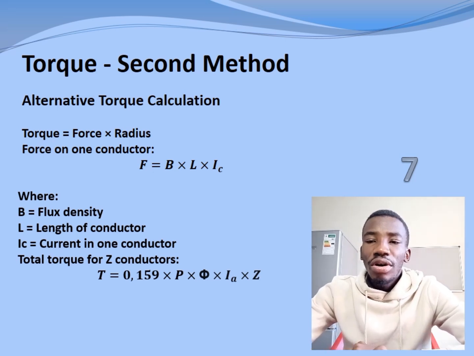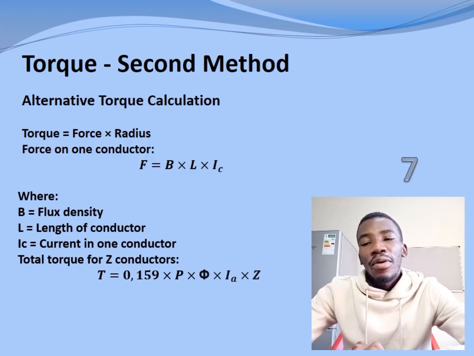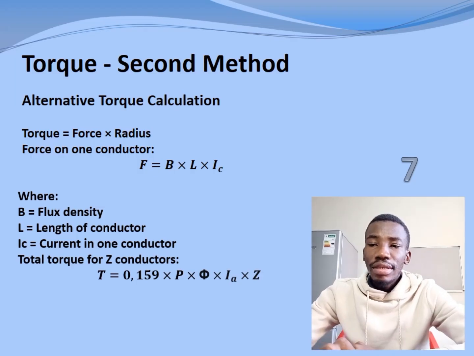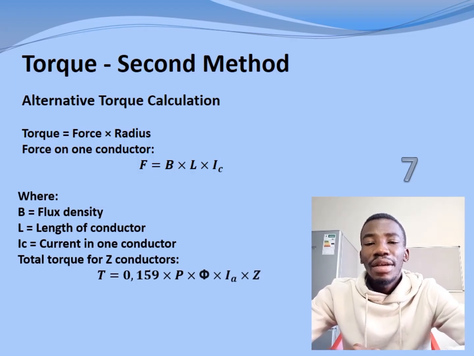Then the total torque for Z conductors is T equal to 0.159 times P times flux times the armature current times Z.